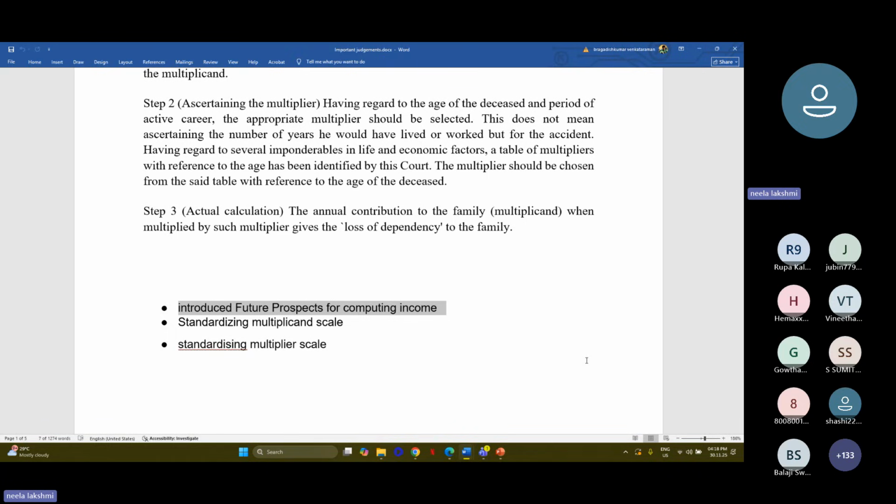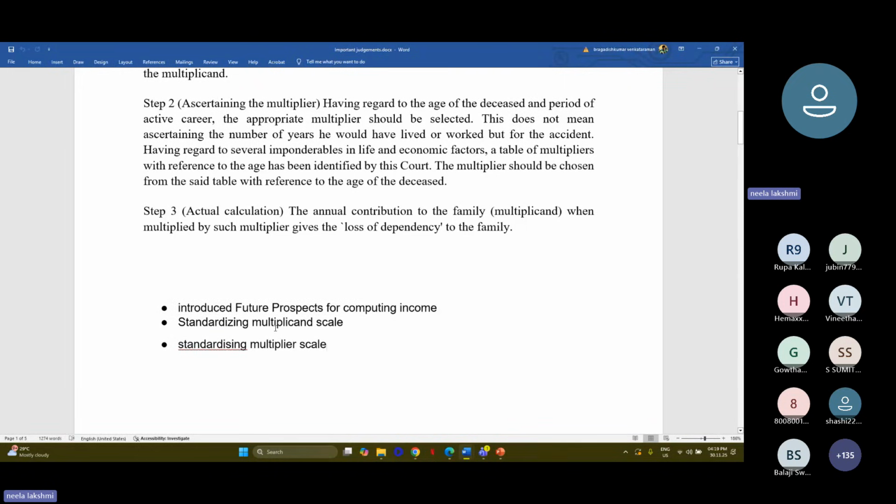But the Sarala Verma case included the aspect of future prospects, but only for employees working in the organized sector.